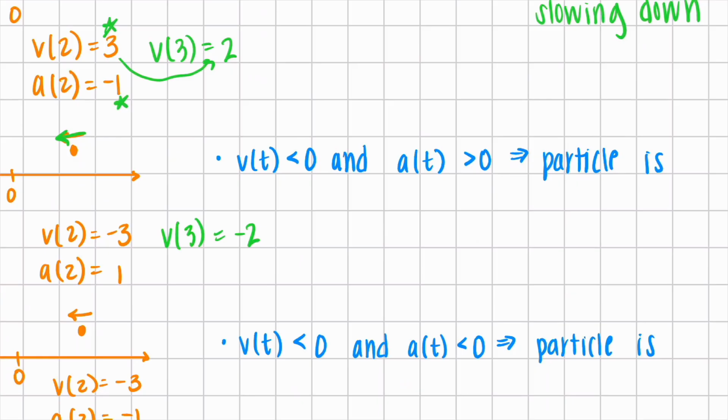My particle is now moving 2 units to the left per minute. So notice that my speed is decreasing, even though your velocity is increasing because it's negative. So when velocity is less than 0 and acceleration is greater than 0, my particle is slowing down.